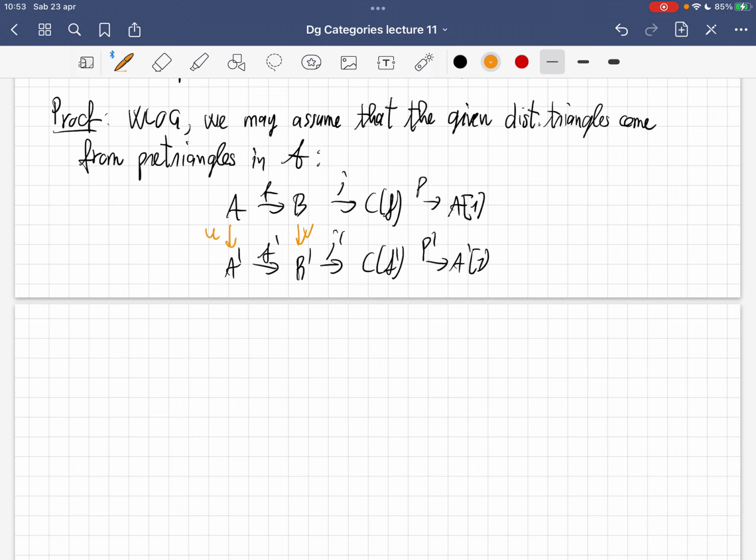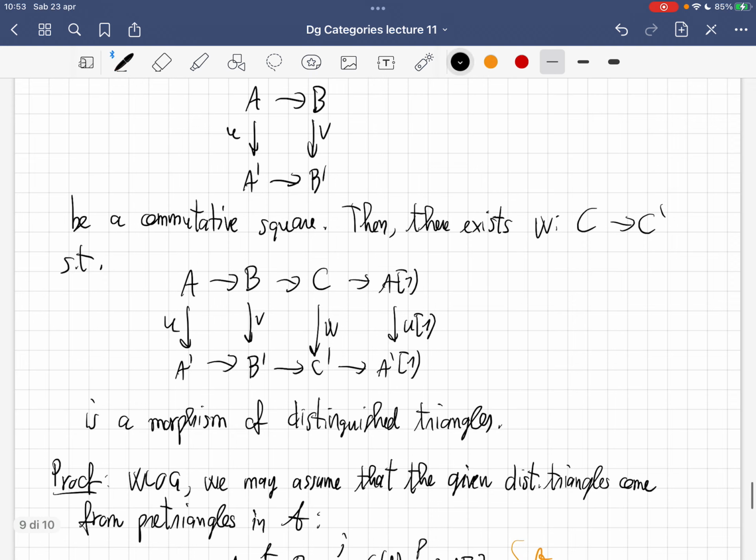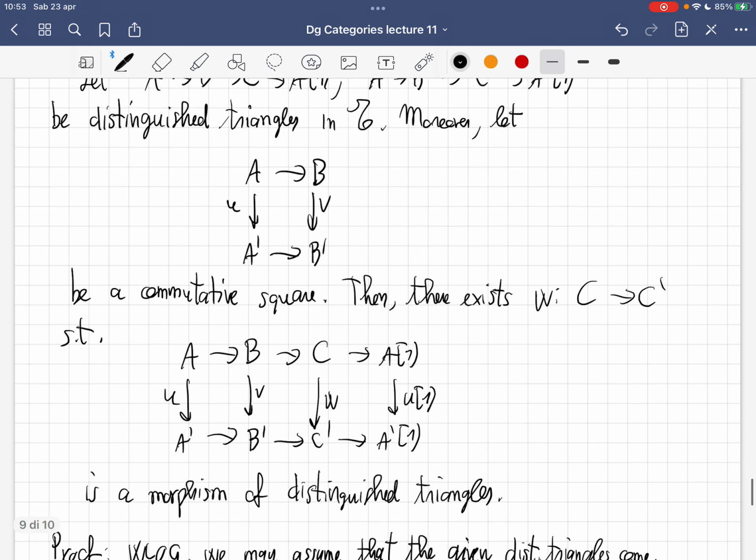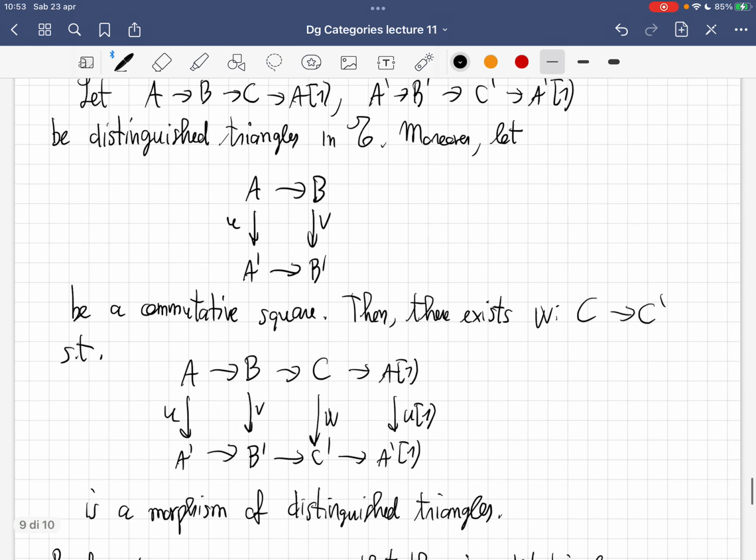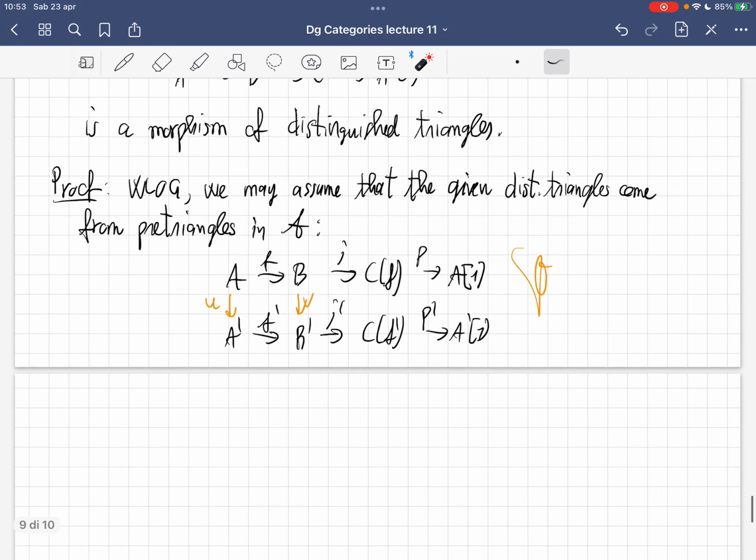So what we have by assumption is this. Now we have a U and V. In the statement here, the U and V were morphisms in T, but now we are putting ourselves actually in our DG category.